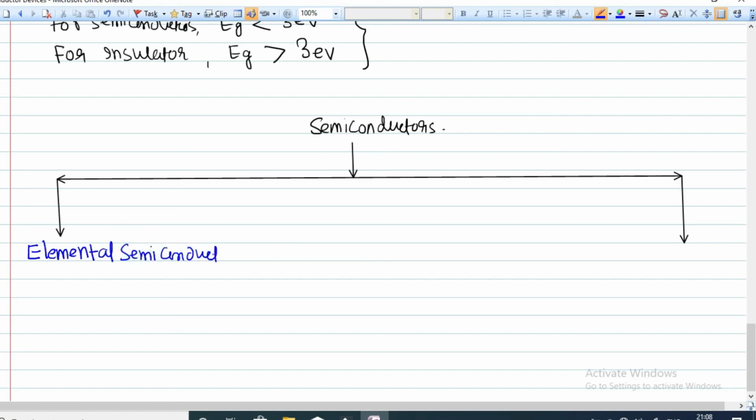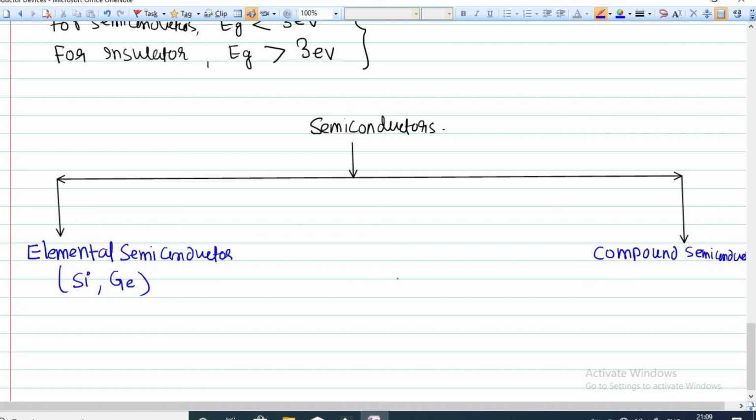Examples are silicon and germanium. These are the pure or elemental semiconductors. And the second one is compound semiconductor, having some impurity in the elemental semiconductor. We are getting compound semiconductor.